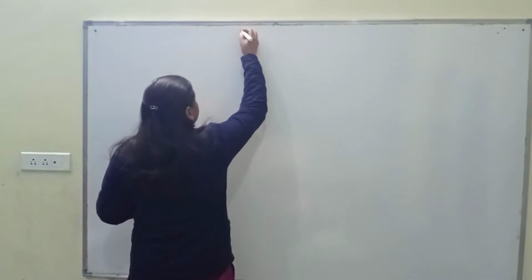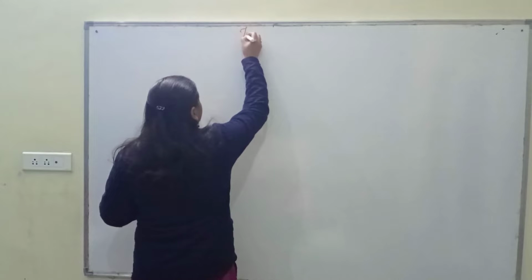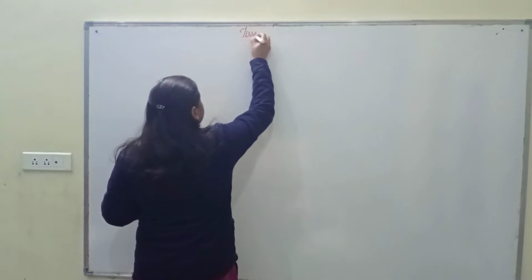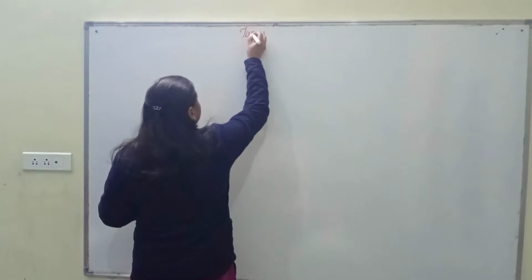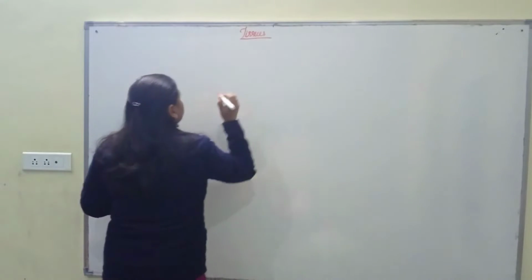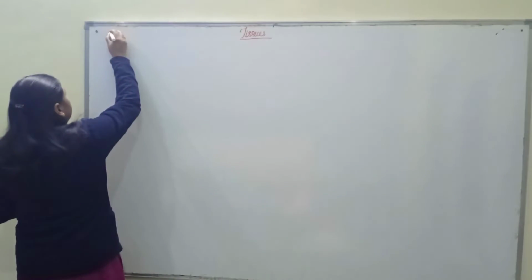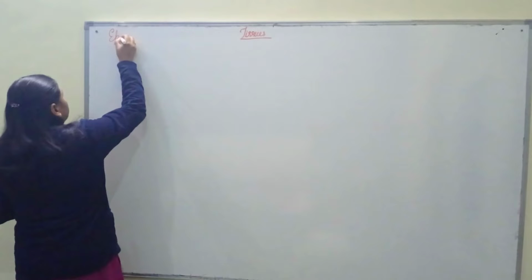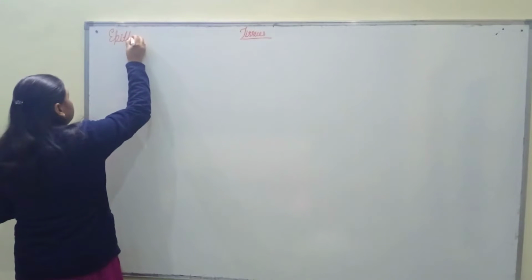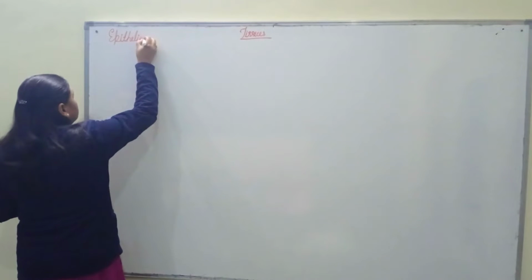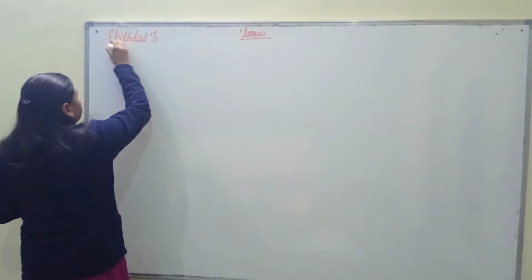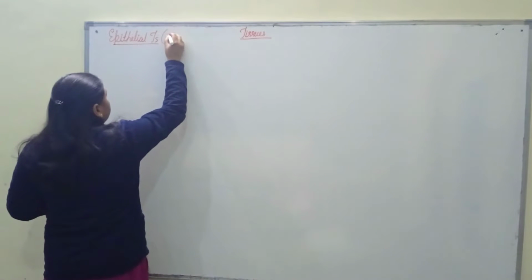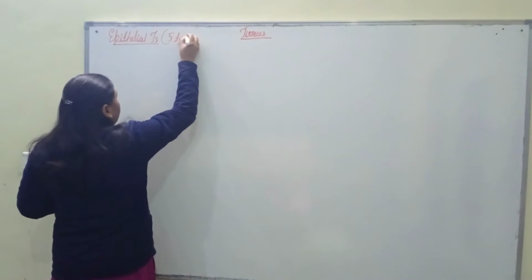So let us start. We are discussing the tissue chapter, the second chapter of biology of 9th class, in which we are discussing epithelial tissue. Epithelial tissue is divided into 5 types.